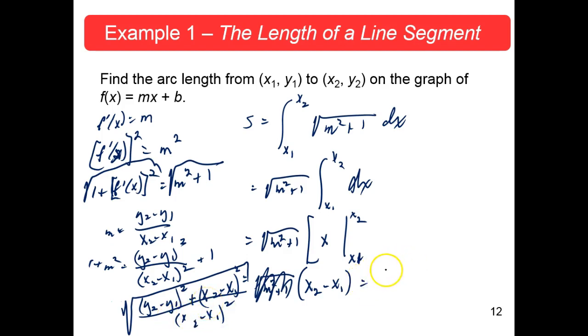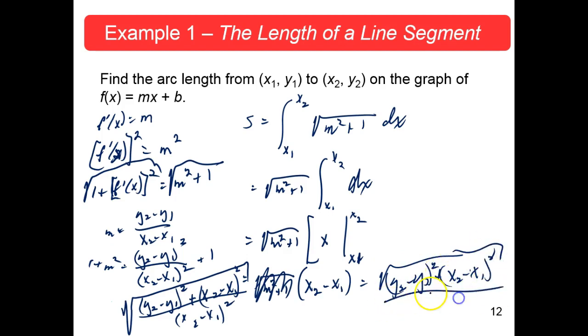So this would be the square root of y2 minus y1 squared plus x2 minus x1 squared, over x2 minus x1, because you take the square root. That cancels that. And basically, that's your length, the length of the line between those 2 points, which is exactly what the arc length is.